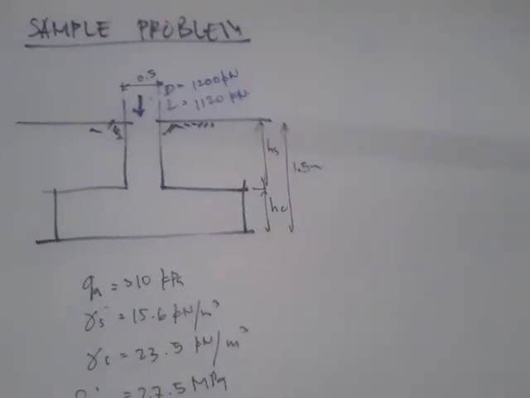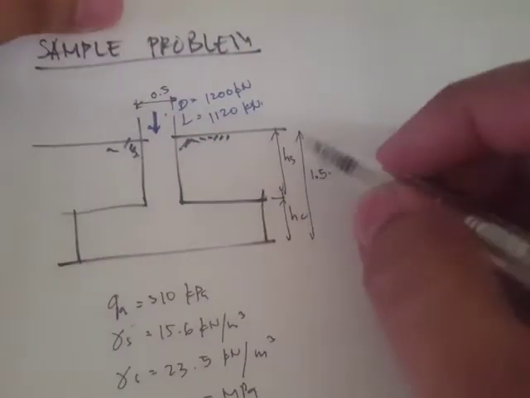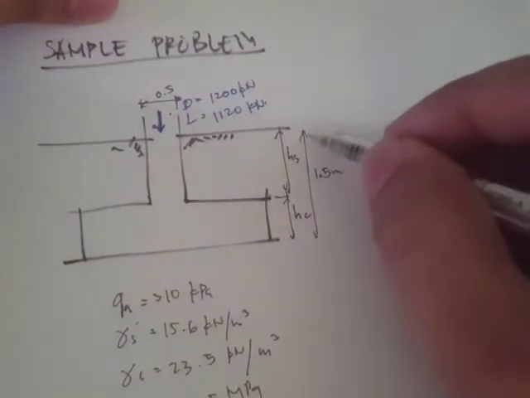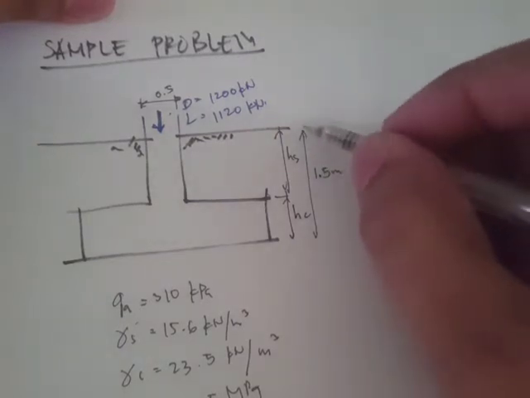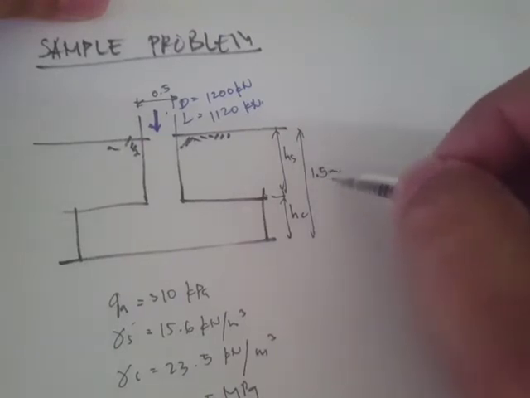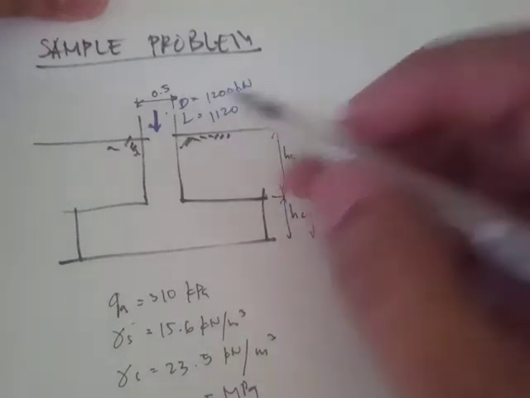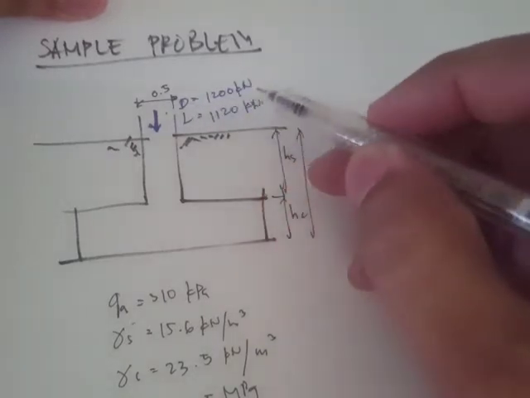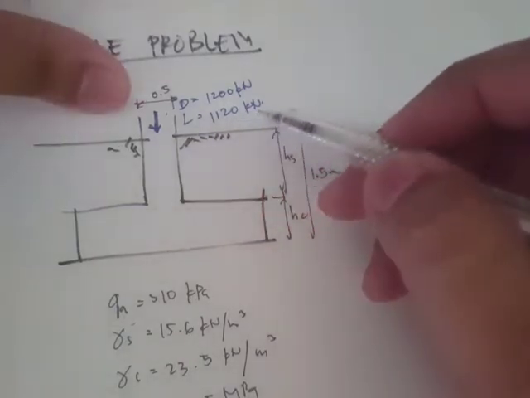Alright, so now if we draw it here on our paper, this will be the illustration of the problem. It says here that from the natural grade line we have 1.5 meters, and our column is 0.5 meters, and our dead load is 1,200 kilonewtons. The live load is 1,120 kilonewtons.